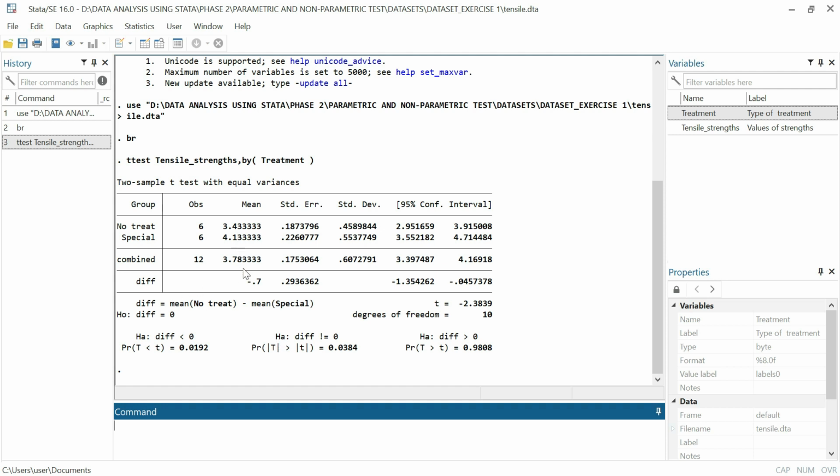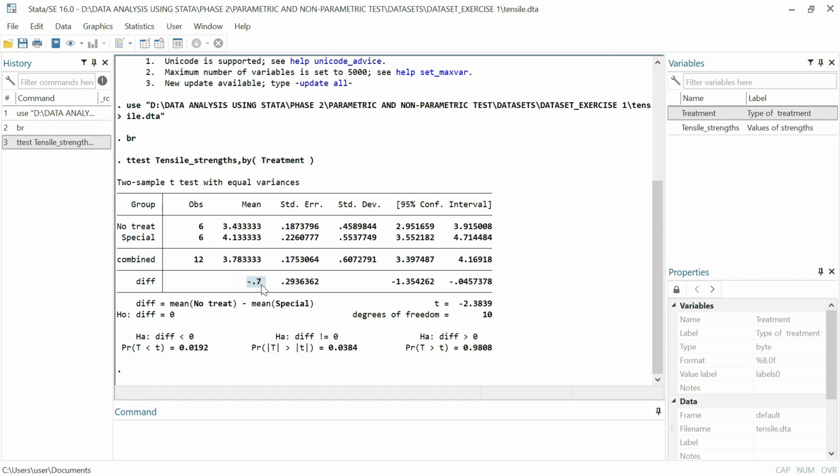Okay, first we need to take a look at the difference between the means. The difference is less than 0, which is this value, minus 0.7.